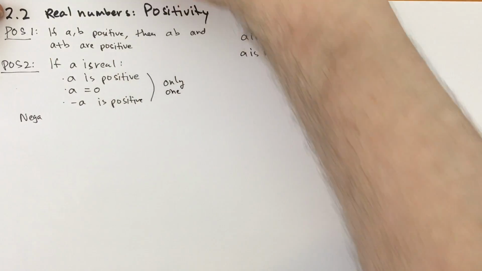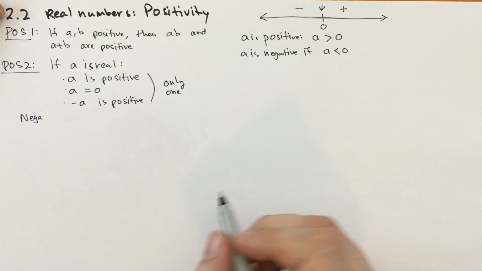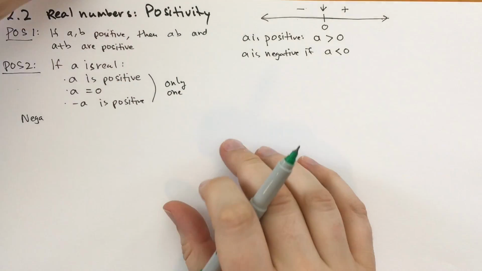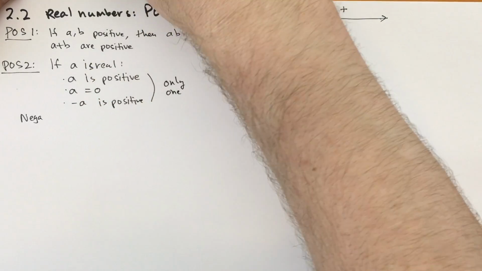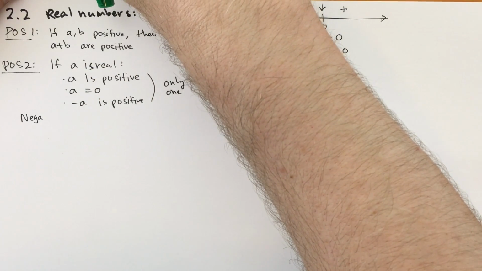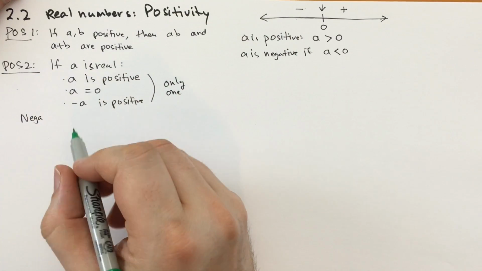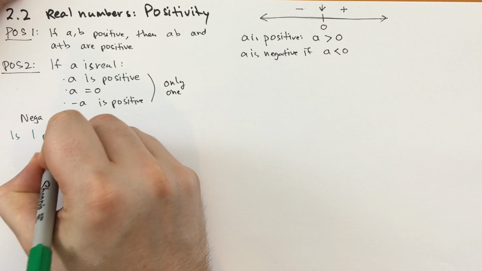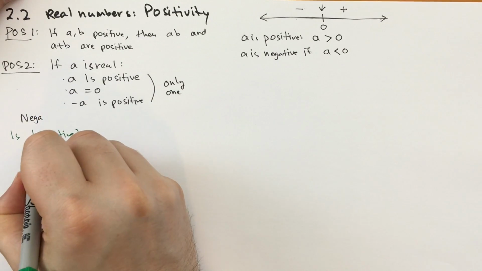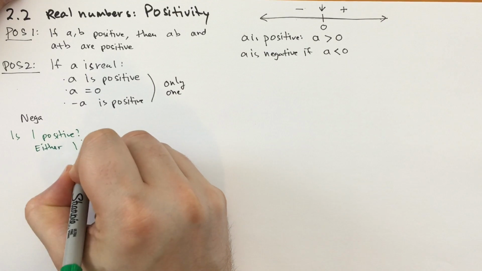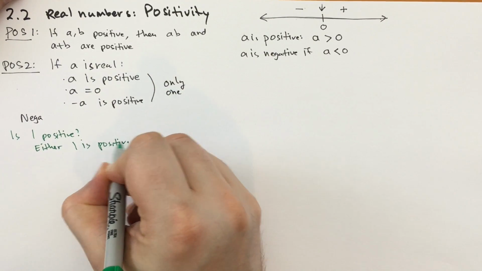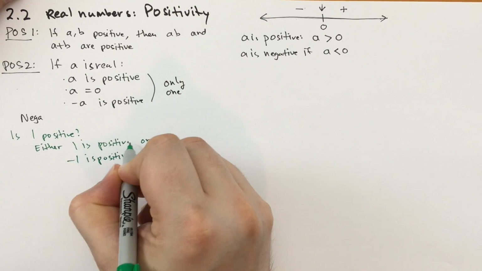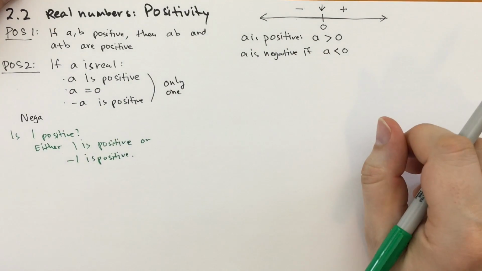We could use a simple proof to prove that 1 is positive. So let's do that right now. By POS 2, we know that either 1 is positive or minus 1 is positive, because 1 is not 0 and minus 1 is not 0 as well.